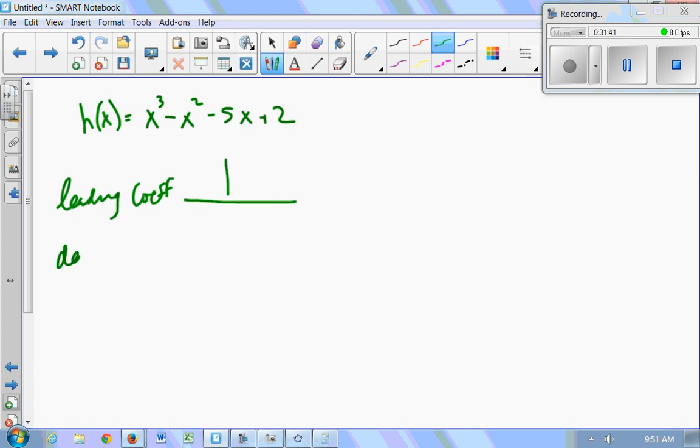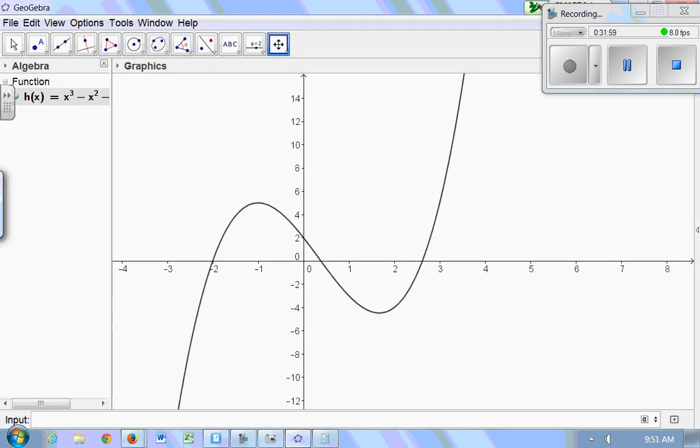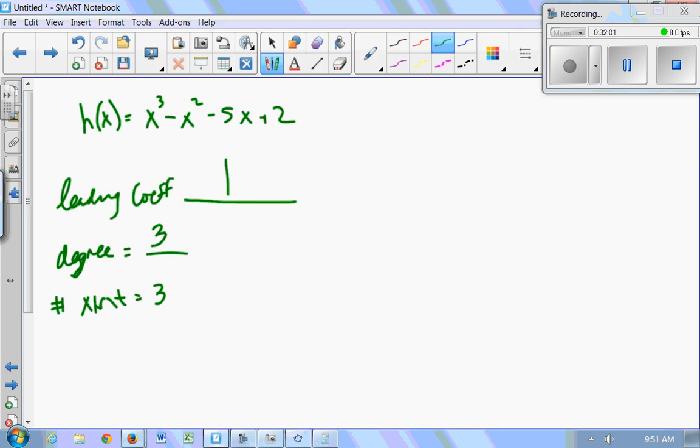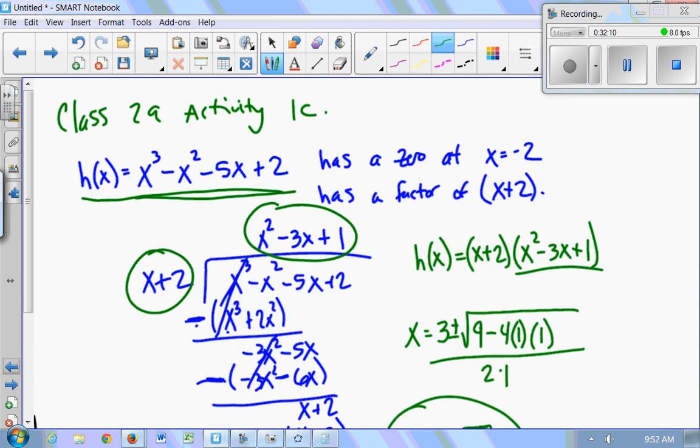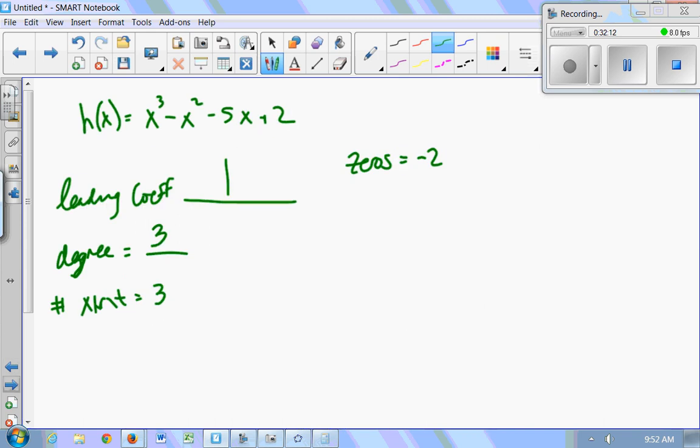The degree, what's the degree? 3, yep. The number of x-intercepts, 3. We saw that when we graphed it. The zeros, we just found those. We had one at -2, and then the other two are at 3 plus or minus root 5 over 2.